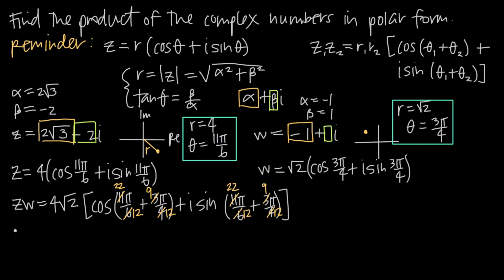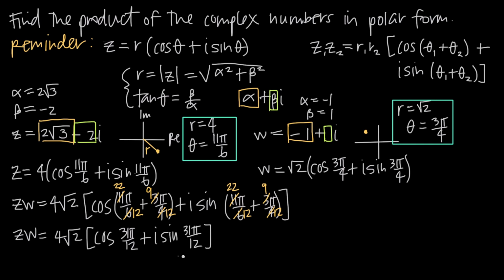So then when we do the addition here, what we're going to get is 4 root 2 times cosine of 22 plus 9, which is 31. So we get 31 pi over 12 plus i sine of 31 pi over 12. Now we don't really want to leave our answer like that because 31 pi over 12 is greater than 2 pi.